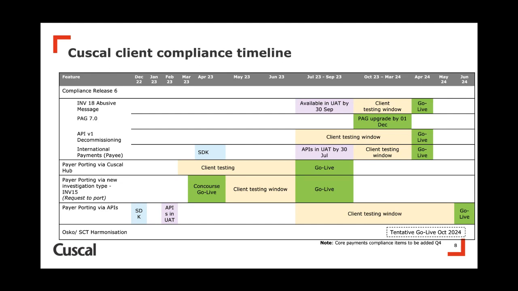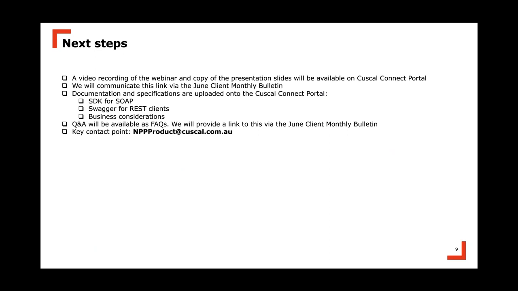If you want to go to the next slide. So in terms of what we plan to do for next steps, there were some queries around the video recording of the webinar, the topics that we covered, and the copy of the slides.